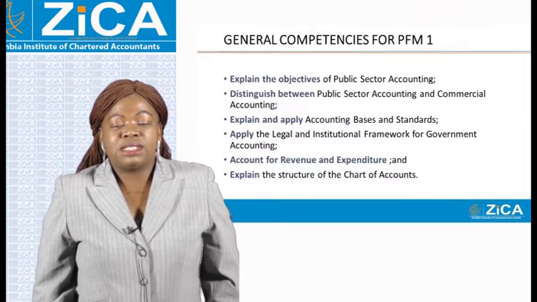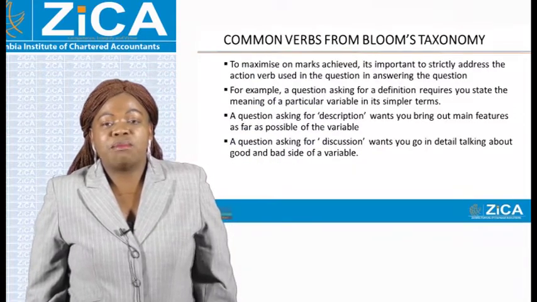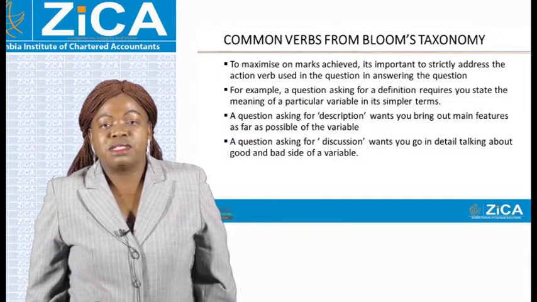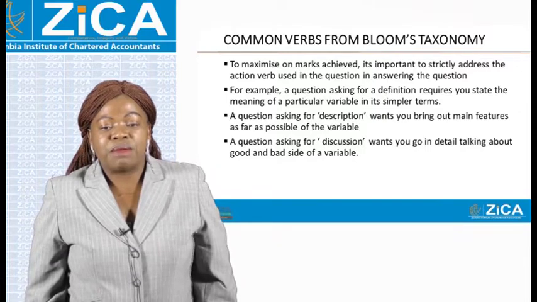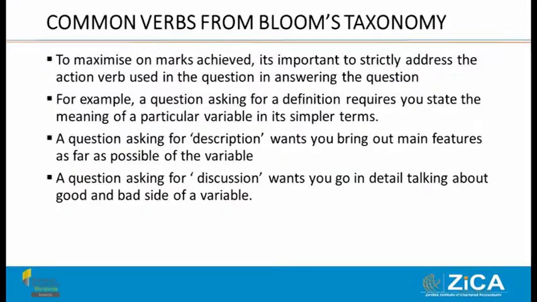In talking about the techniques, I wish to remind you about the common verbs that are normally used in this paper, which come from Bloom's taxonomy. This paper is a low-level paper, and because it's a low-level paper, what you have are actually command words or common verbs that come from the first 2 levels of Bloom's taxonomy that are called remembering and understanding.